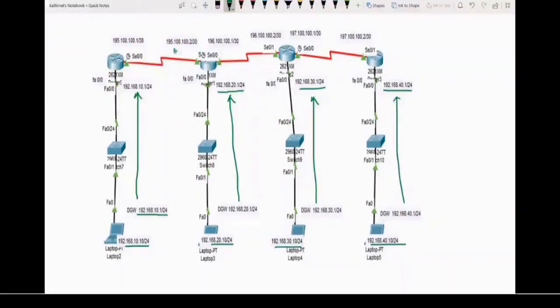Next, we can see in between router to router 195.100.100.1 and 196.100.100.1, 197.100.100.1. Likewise, the networks are there. Each and every network has the CIDR notation /30, which means you can have the subnet mask as 255.255.255.252. If you have any doubts regarding the subnet mask, you can refer to our IP address tutorials.